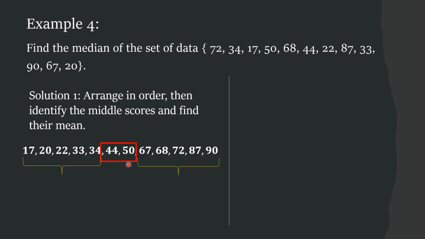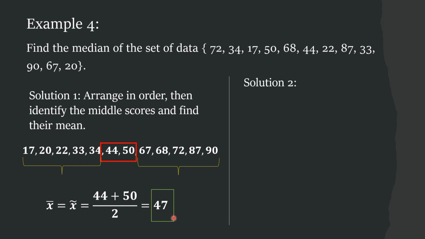And then, since there is only one median for a set of data, we need to find the mean of 44 and 50. So that is 44 plus 50 divided by 2 is 47, and that is the median.